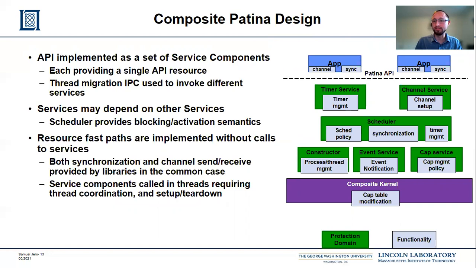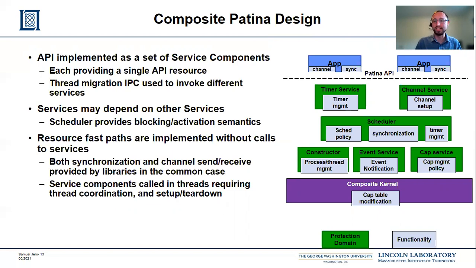One unique element of the design of our Composite Patina implementation is that fast paths for resources are implemented without direct calls to the services. So both synchronization and channels have some shared memory and a library element that can be used in the simple common case. The service components for those only have to be invoked when thread coordination is required, or for setting up and tearing down those abstractions.